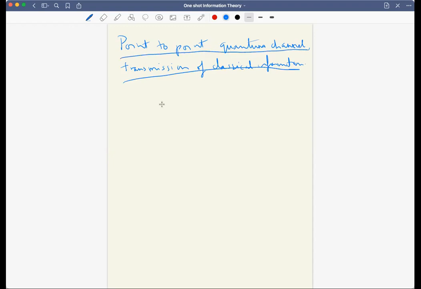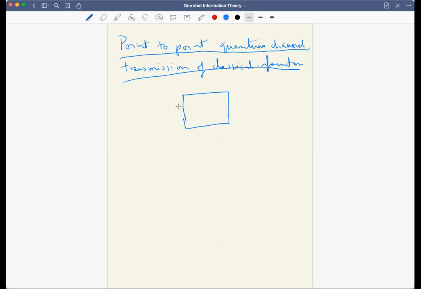Okay, so let's draw a picture. I have a quantum channel. A quantum channel is just modeled by a quantum operation, right? Classical channel was what was called a stochastic map. So this is a CPTP map, a quantum operation.